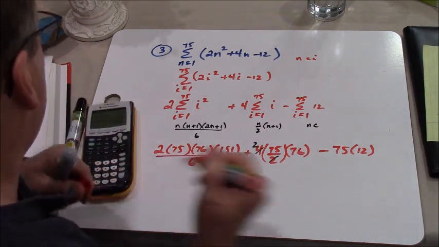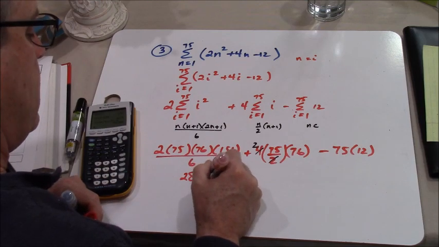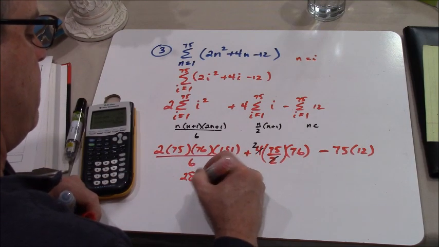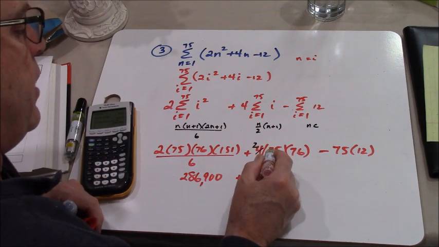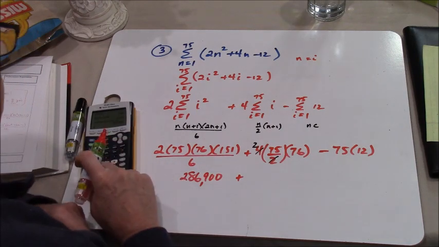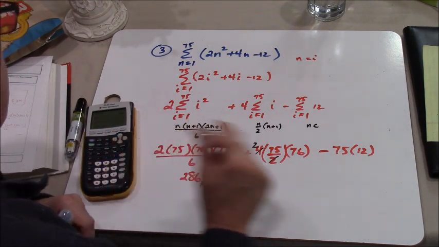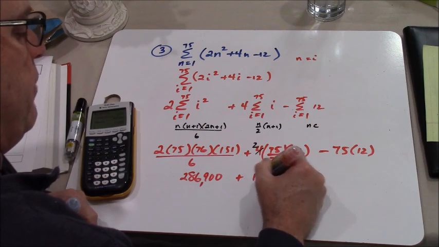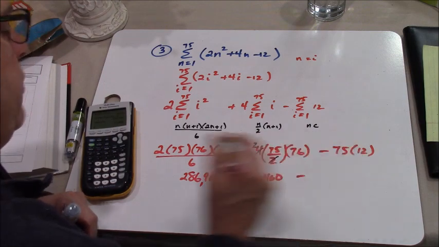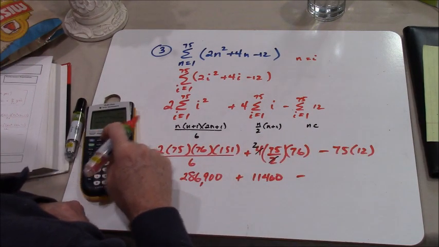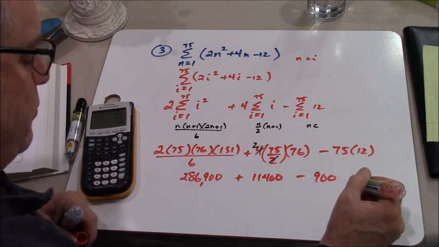And so I got 286,900, plus, here I've got 2 times 75, which would be 150, times 76. That's going to be 11,400. And then minus 75 times 12, that would be 900.